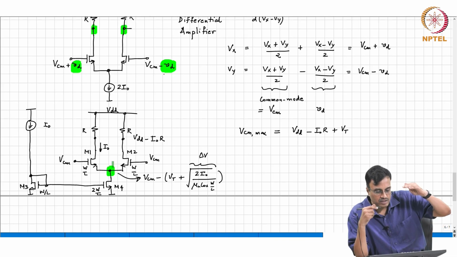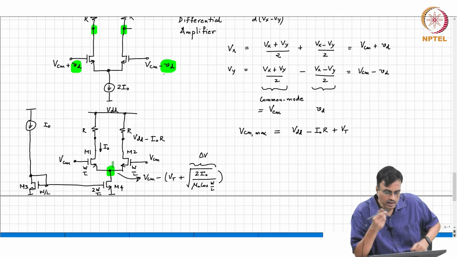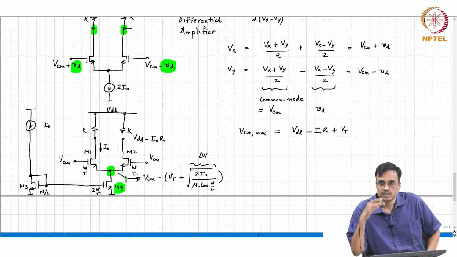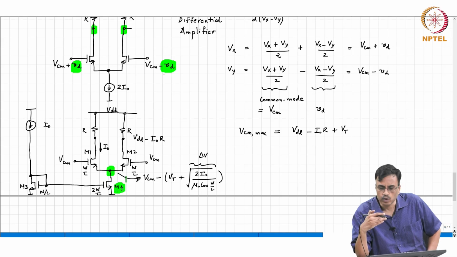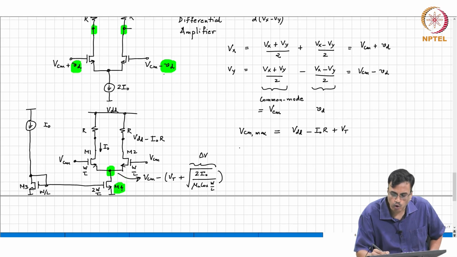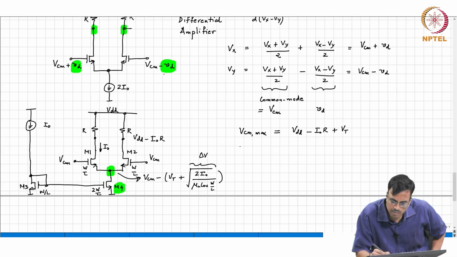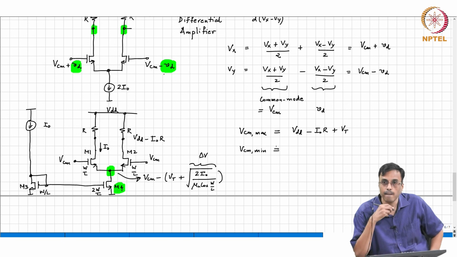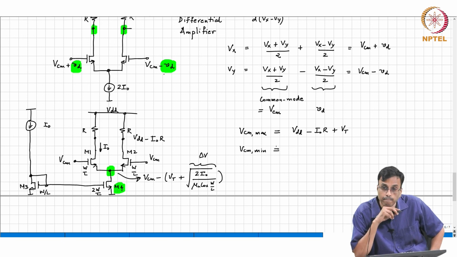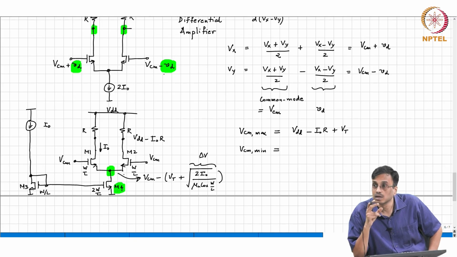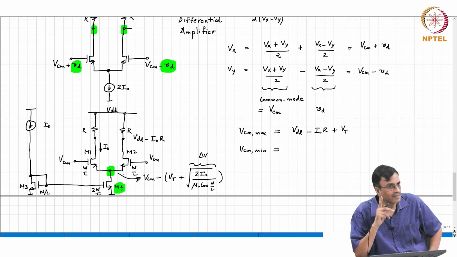So, as VCM goes on decreasing, M1 and M2 are okay, but M4 is going towards the triode region. So, as you keep lowering the input common mode voltage, which transistor has the potential to get into trouble? M4. So, what is the minimum common mode voltage that you can use before something bad happens? It is delta V, is that clear?